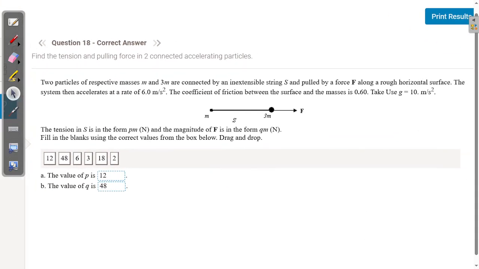Two particles of respective masses m and 3m are connected by an inextensible string S and pulled by a force F along a rough horizontal surface. The system then accelerates at a rate of 6 meters per second squared, and the coefficient of friction is 0.6.